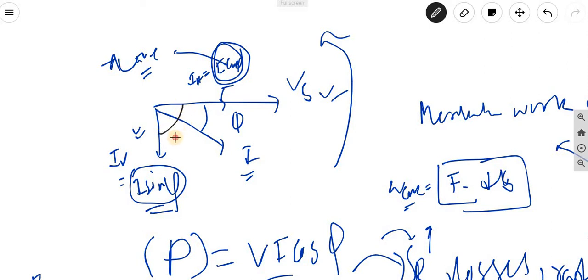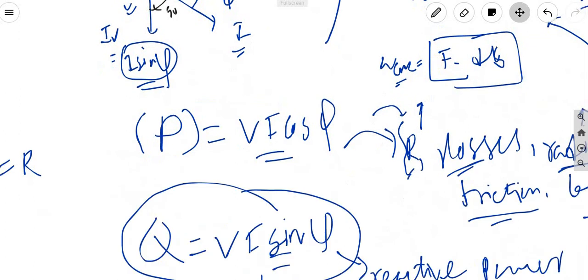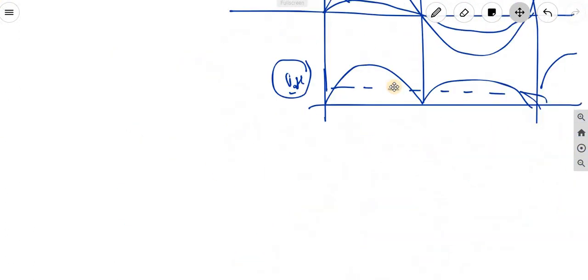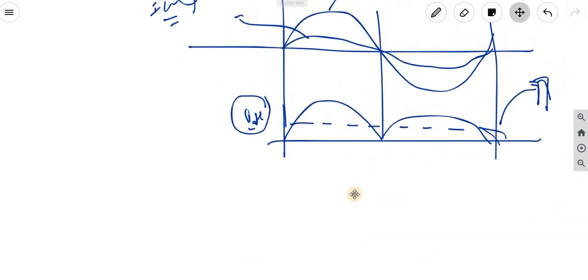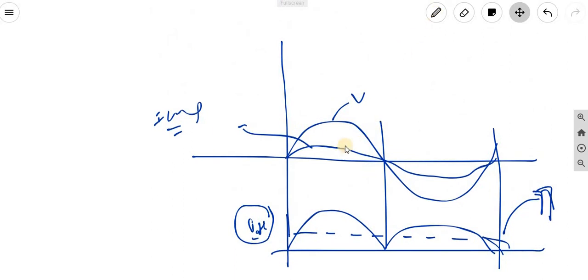If this component is also rotating, this is 90 degree lagging. So if it is 90 degree lagging, how can we present this? This is the maximum, minimum.